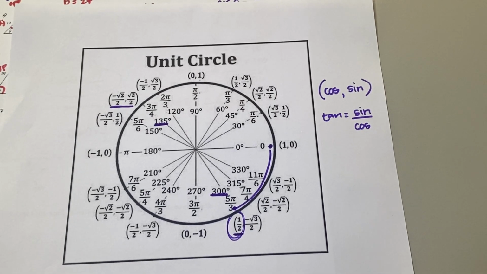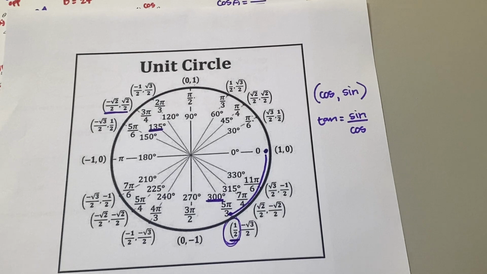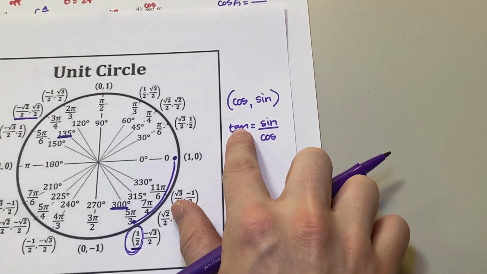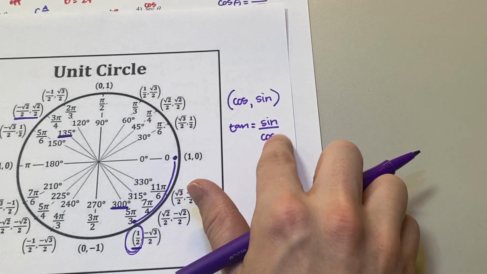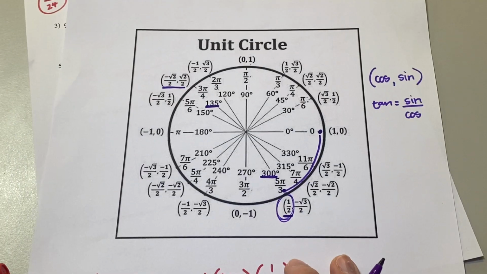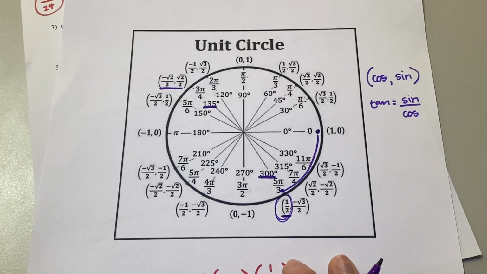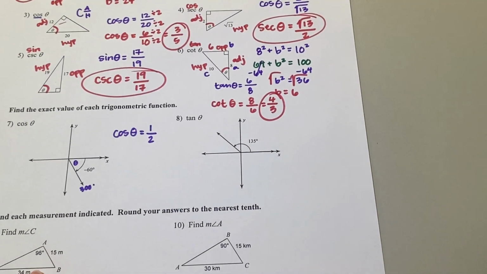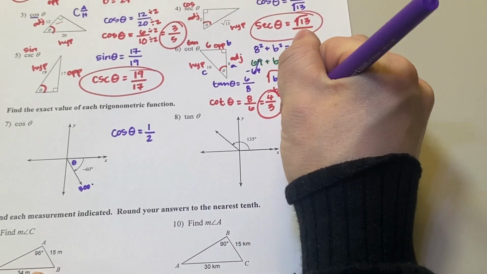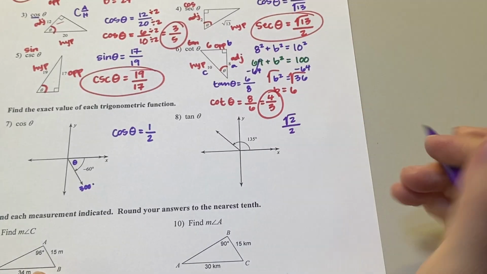You guys are about ready to blow your minds. So remember, when it wants tangent, we're taking our sine, our second coordinate point, dividing it by our first coordinate point. And you're like, are you serious, Miss Campbell? I'm like, yeah, let's do this. Here we go. Go back to the front of your paper. We are going to take square root of 2 over 2.